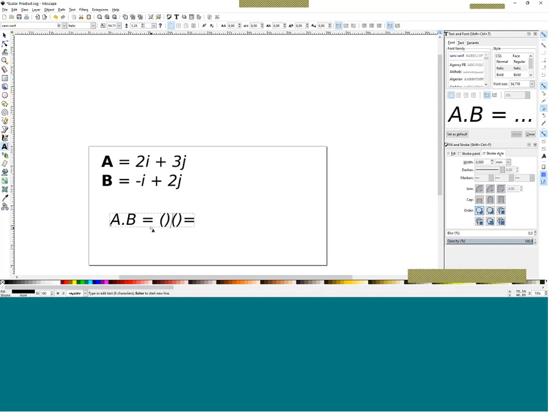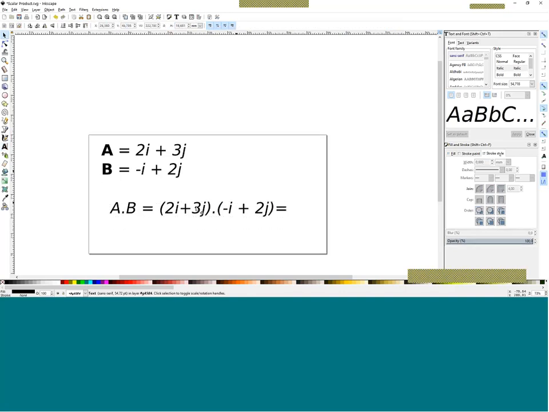What we're essentially doing is creating a multiplication. There are two ways, either vertically or horizontally. Keep it horizontal for now. A is 2i plus 3j and B is minus i plus 2j. We multiply terms in the same direction. In this case, i and j are also vectors, by the way.